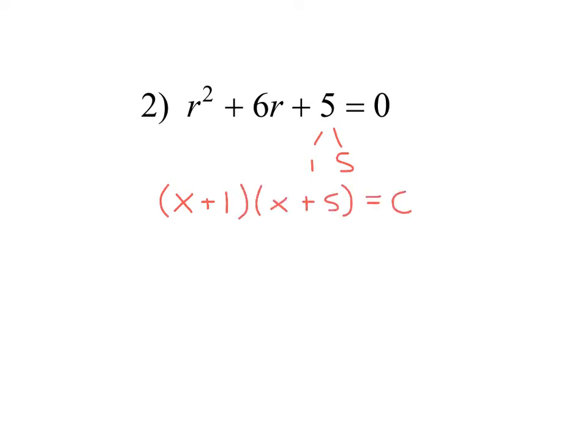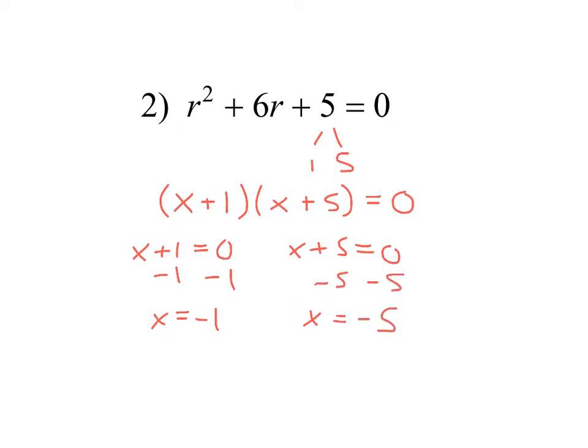And it's equal to 0. Perfect. So our answers here are x is equal to -1 and x is equal to -5. Good job.